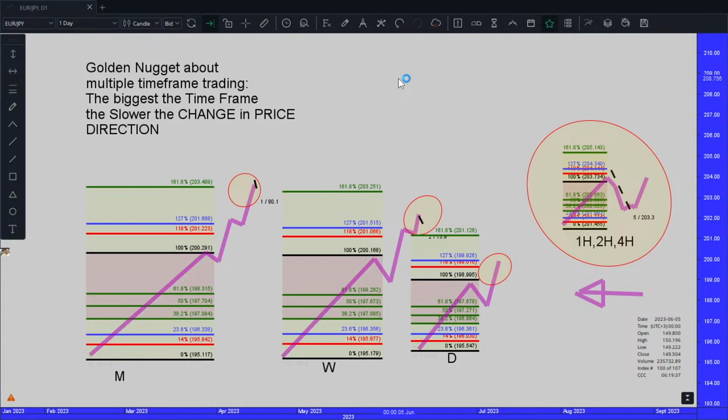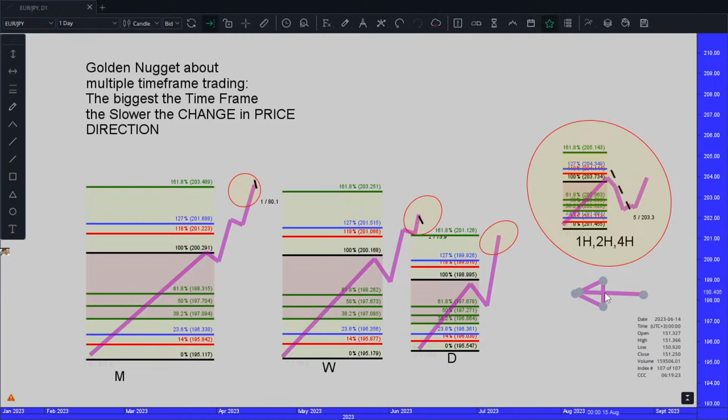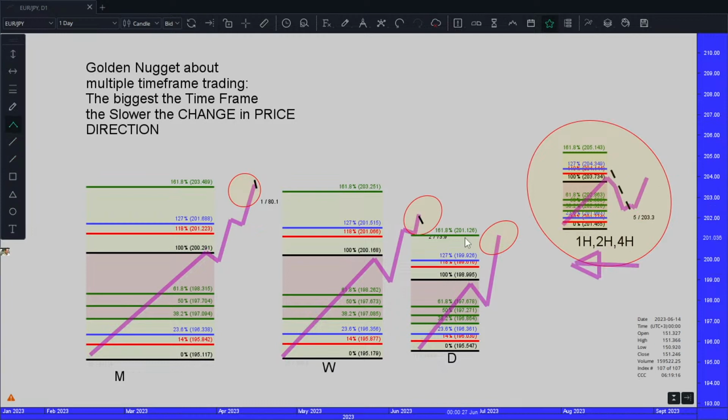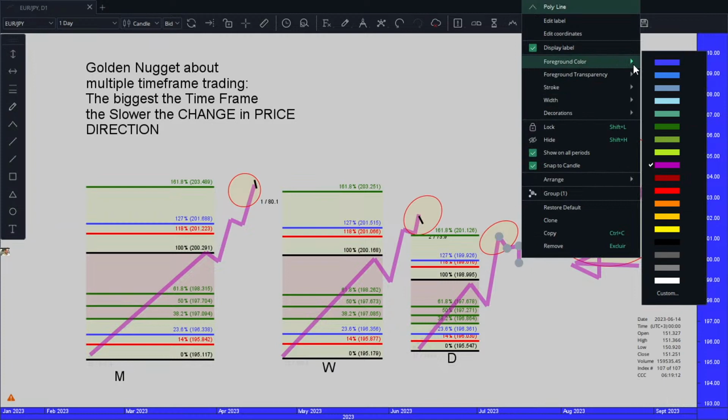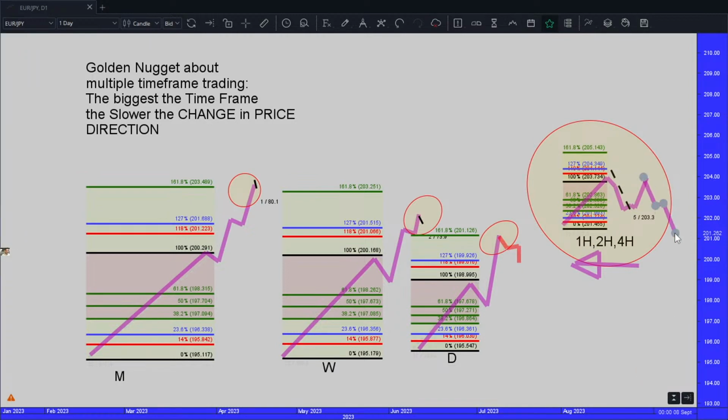See everybody? Fibonacci trading is easy when the daily hits the extension, because you are going to notice on the 1 hour, 2 hour, it's going to start to reverse, making lower lows and lower highs, and you are going to see this on the 4 hour chart too.